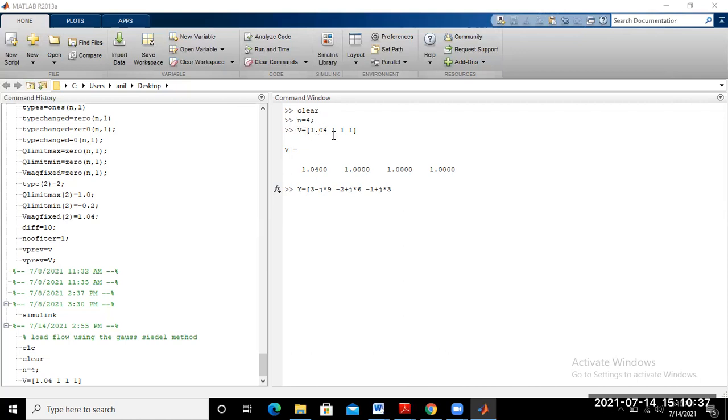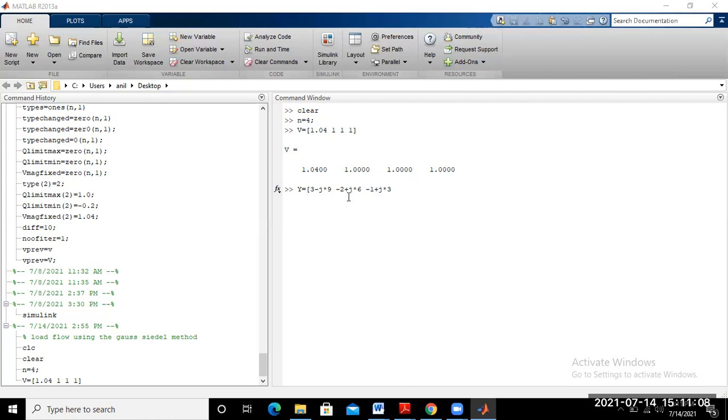For this example, I have considered only 4 buses in a power system. So for this example, what is the admittance matrix order? 4 into 4. Whatever the number of buses in your system, that decides the admittance matrix order. So that is 4 into 4.